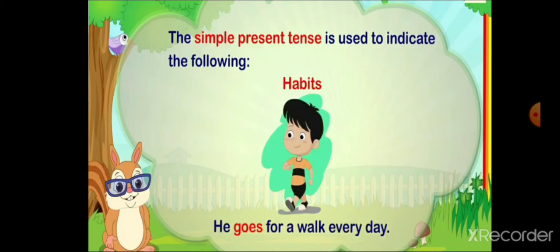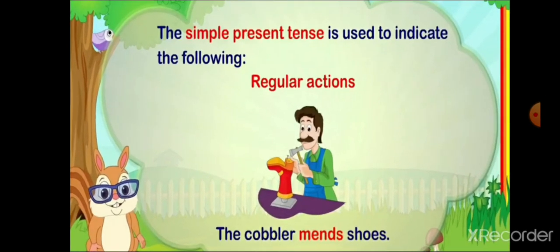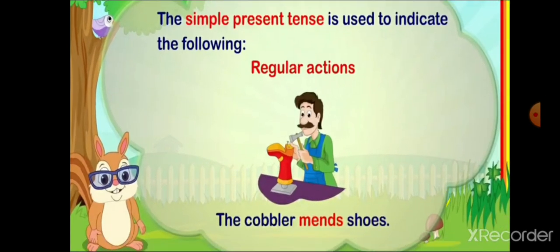Every day refers that the person is going for a walk every day, means on a daily basis. So it is the habit of the person. Now, the simple present tense is also used to indicate regular actions.